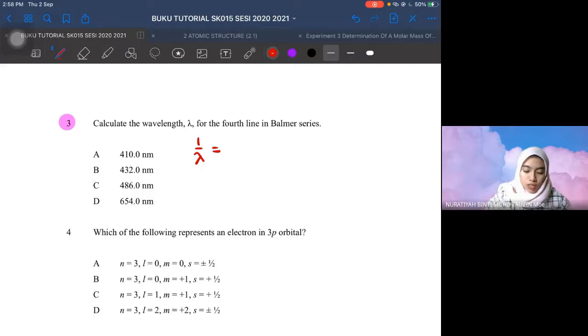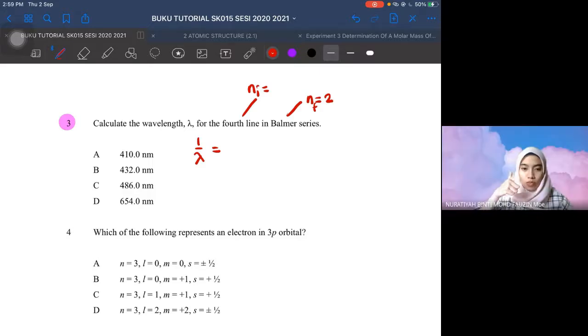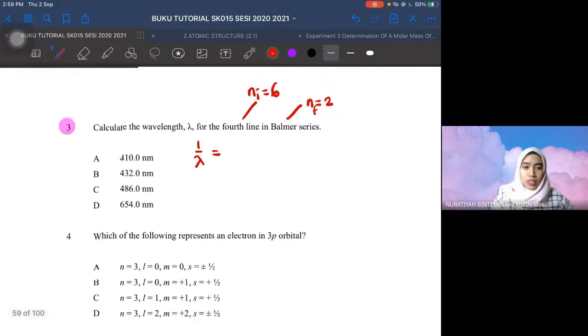For the Balmer series, the final level is n equals 2. So the fourth line is n equals what? 3, 4, 5, 6. Okay, 6. So what is the answer?